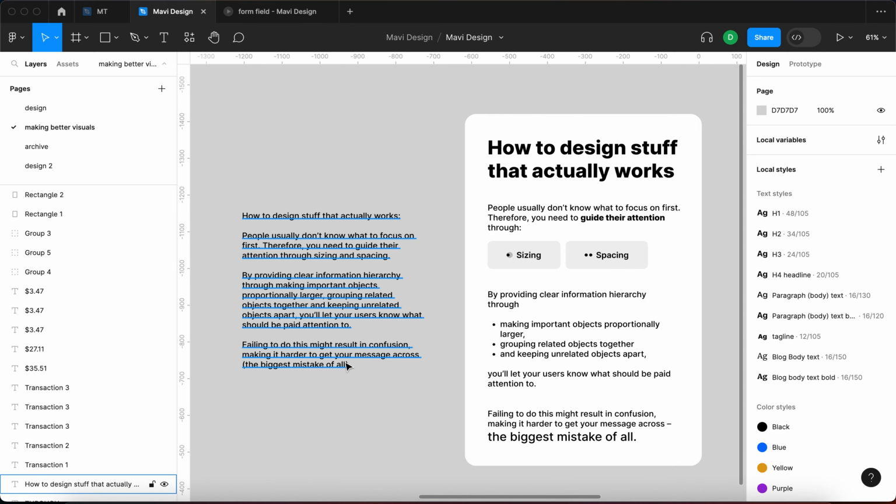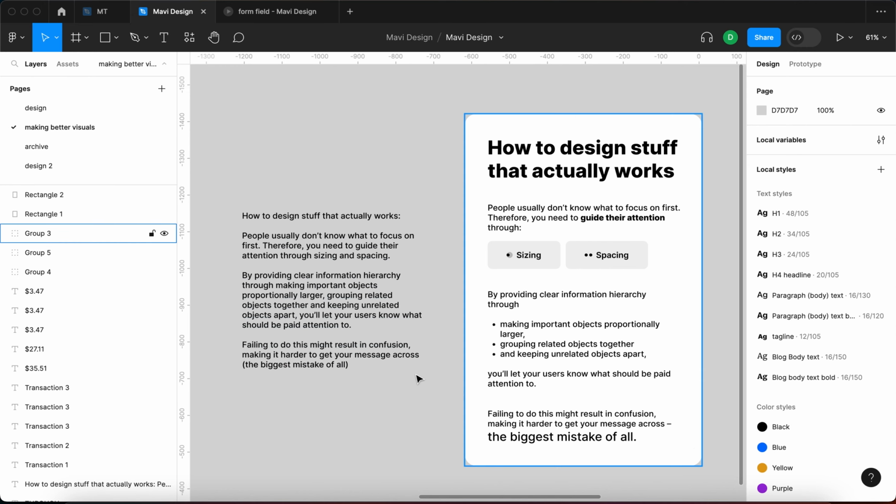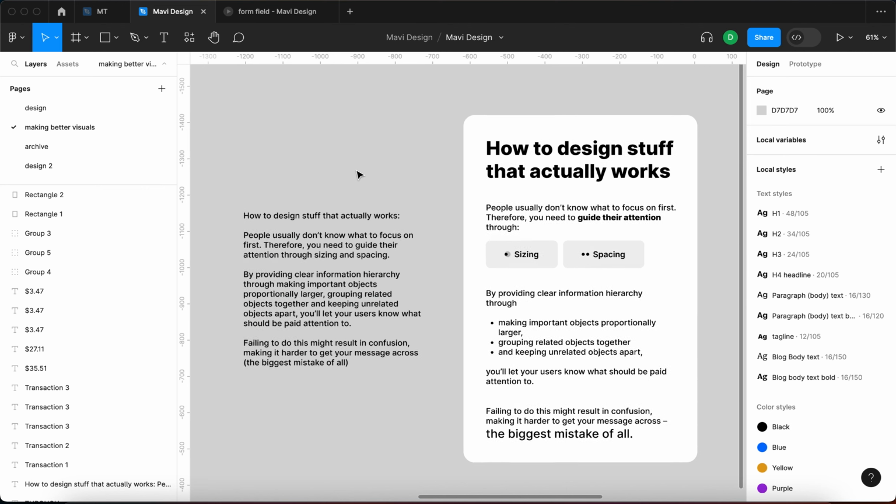I may have changed the word here and there. I've removed the parentheses, for example, here, the very last row, but otherwise this is identical. But again, you tell me which one of these is easier to understand, easier to pay attention to, and just generally more interesting.